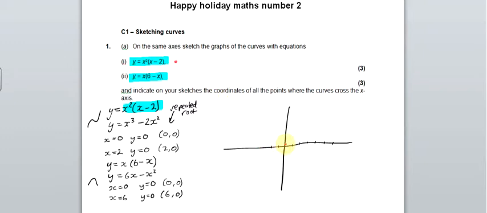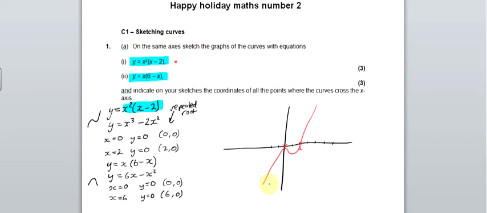So this goes through 0, 0, and that's the repeated root, and it also goes through 2, 0, which is just there. So that's number 2. So the graph comes down out of the sky here, repeated root there, and off we go down there. Okay, not particularly pretty. And we'll do the second one. This is our negative quadratic.